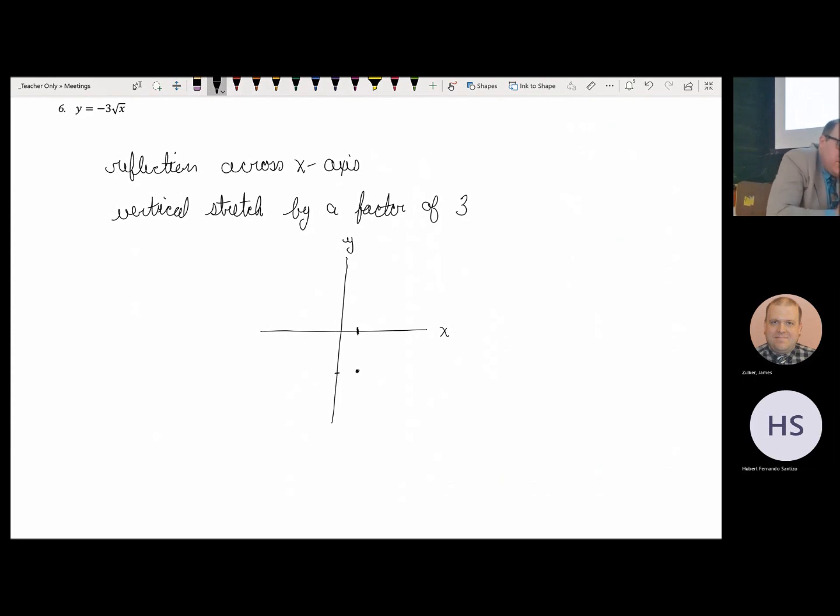Looks good. 4 is going to be down to -6. -6 looks like, based on my scan, is going to be somewhere down there. Something like that, probably.